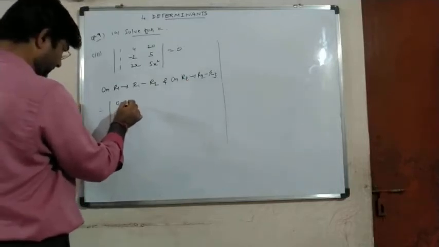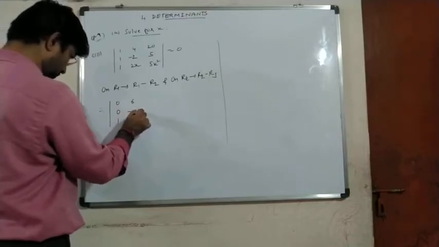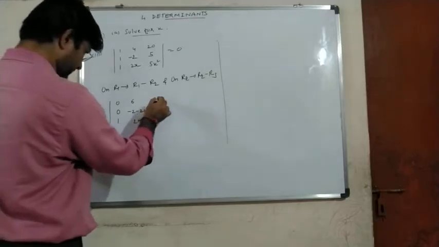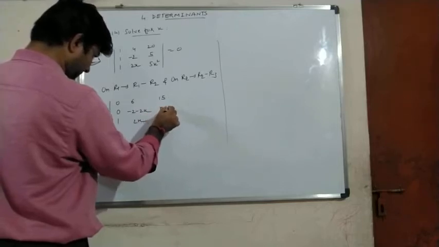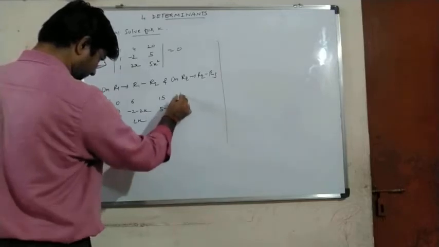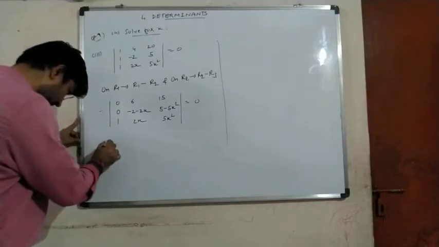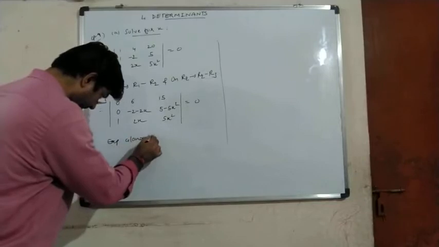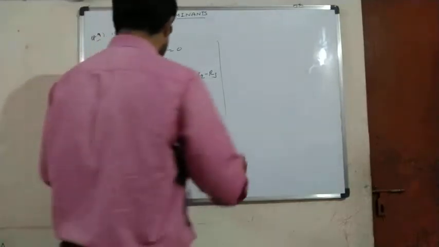Here 4 plus 2 will be 6 and minus 2 minus 2x, 20 minus 5 will be 15, 5 minus 5x square and 5x square. Now we have two zeros on the first column, so we will expand along the first column.